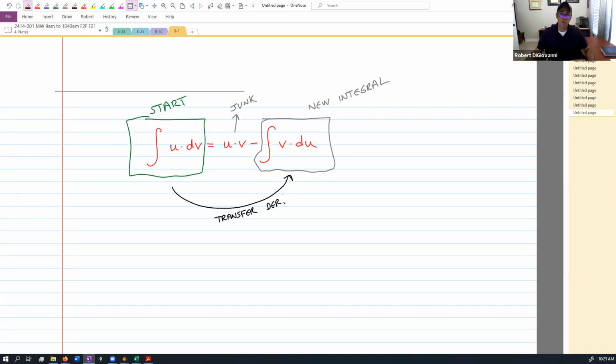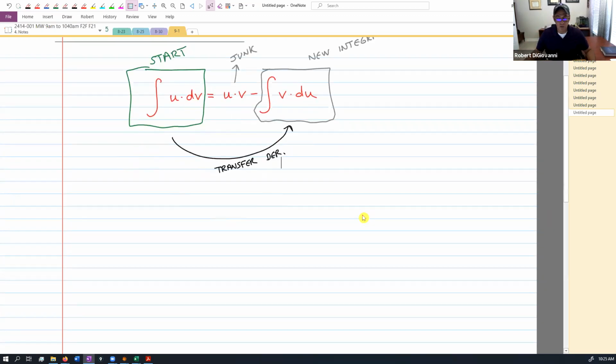The only way to truly see this in action is to do an example. So let's go to the problem that I gave you a minute ago. That problem right there. We had already said we can't figure that out. But I have two functions here, two things being multiplied together.